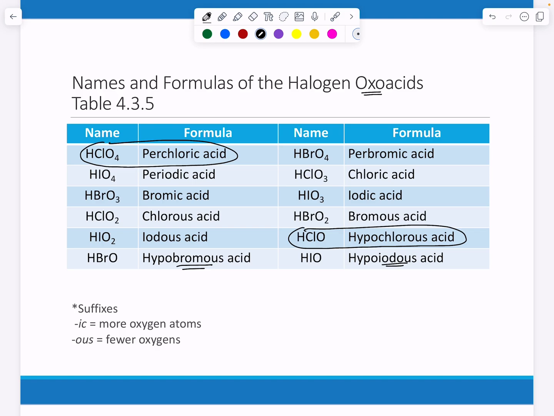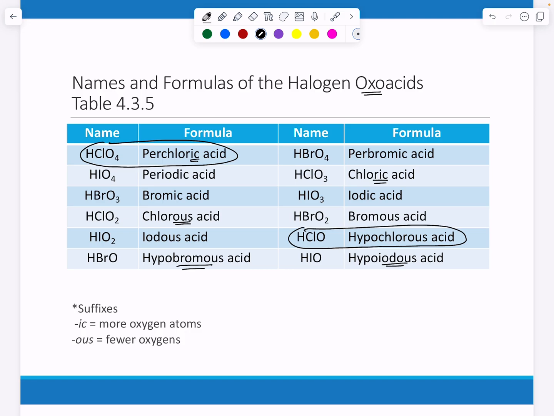Okay, and you'll notice that some of them, the compound formulas look similar. So we have perchloric acid, and then we have, let's see, chlorous acid, okay, and chloric acid.